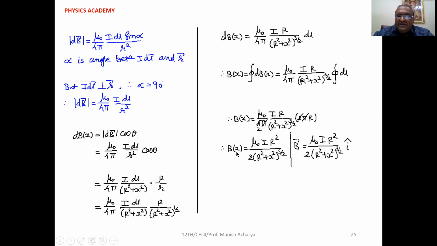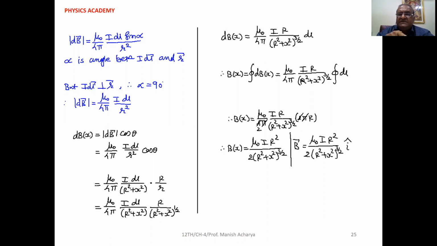So B at x is mu 0 I r square upon 2 into (r square plus x square) raised to 3 by 2. This is the resultant magnetic field produced by the current carrying loop having radius r and carrying current I at a point on its axis which is situated at distance x.